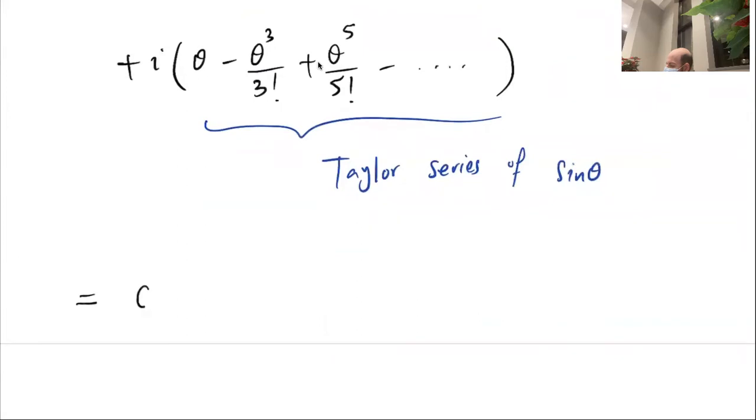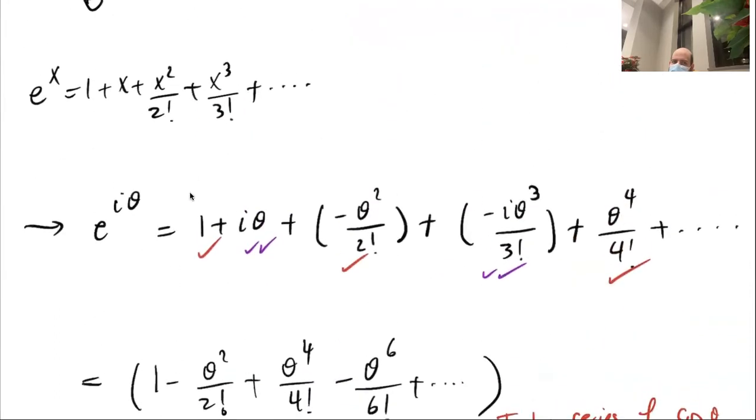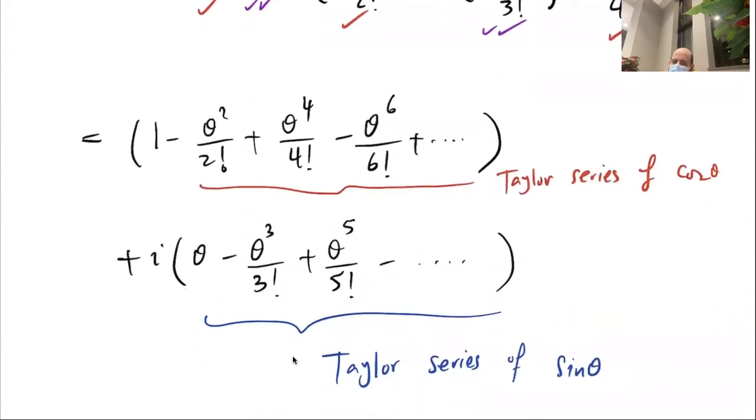And we can write this one as cos theta plus i sine theta. So this whole series is cos theta, and this whole series is sine theta. So we started with e to i theta, and we wrote it as cos theta plus i sine theta.